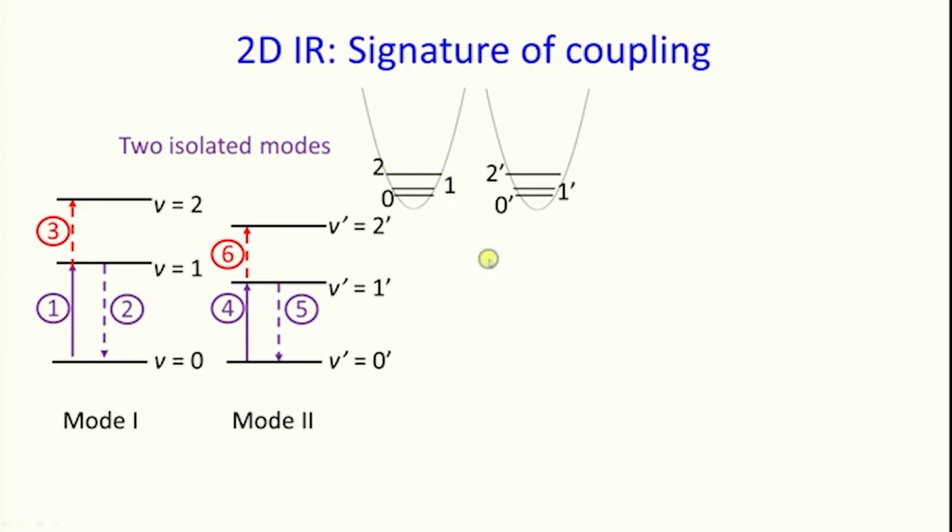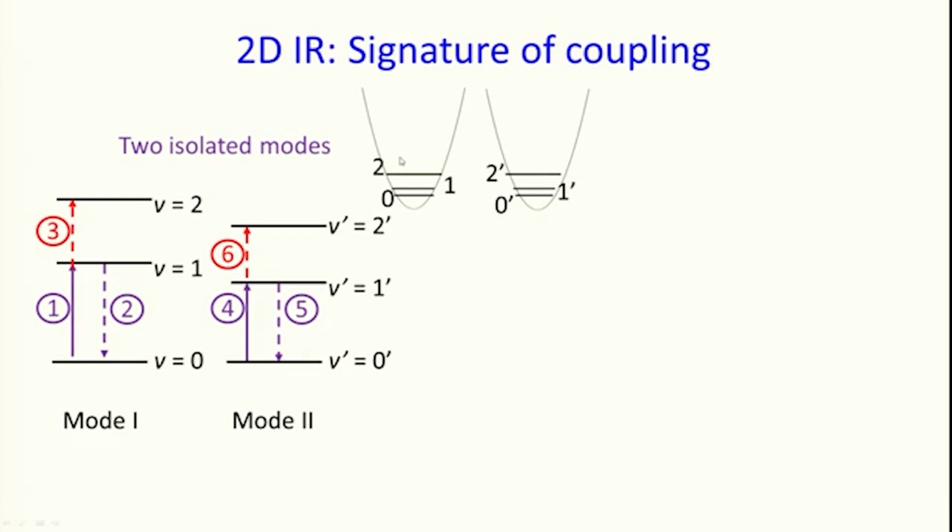Two isolated modes denoted by these two potential energy surfaces. Since they are quantum oscillators, the energy is quantized, and here we have shown V equal to 0, V equal to 1, V equal to 2. And just to ensure that we do not forget that this mode is different from the other one, we have represented the vibrational quantum numbers in the second mode as 0 dashed, 1 dashed, 2 dashed.